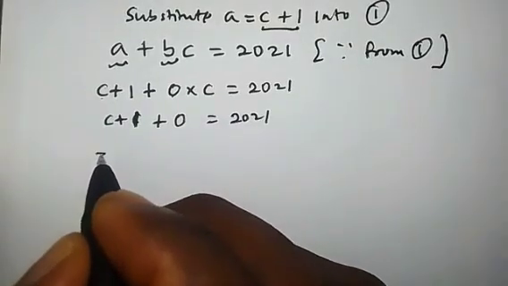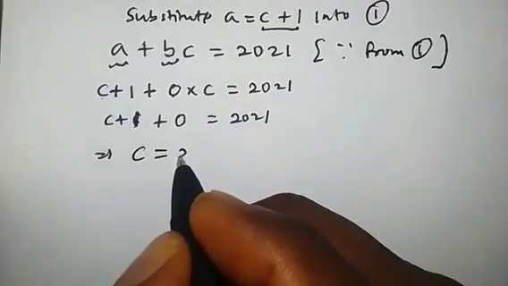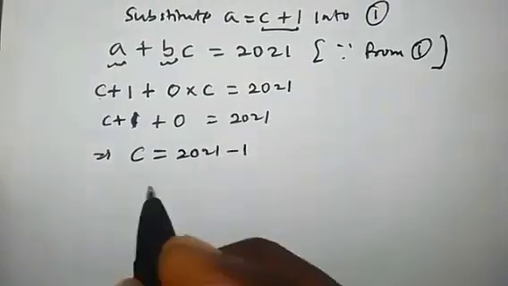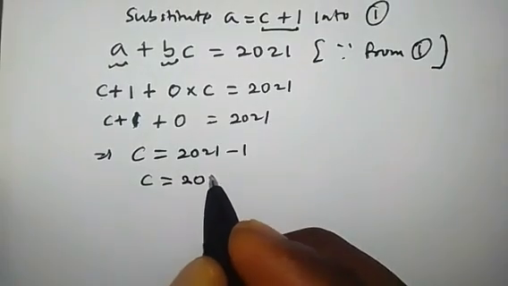So we have C equals, when this 1 comes to the right hand side, 2021 - 1. C = 2021 - 1, that is 2020.